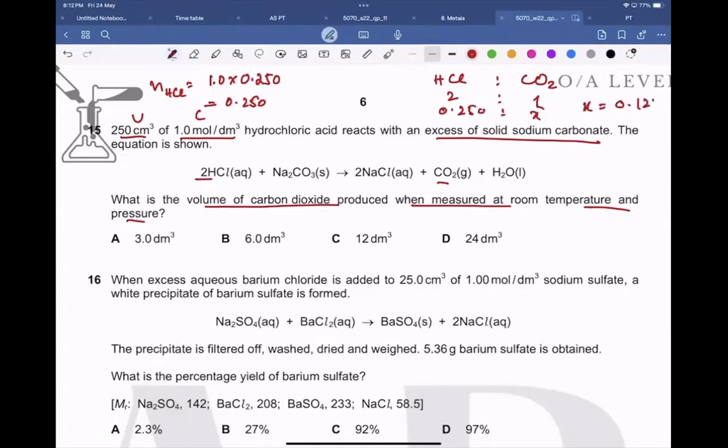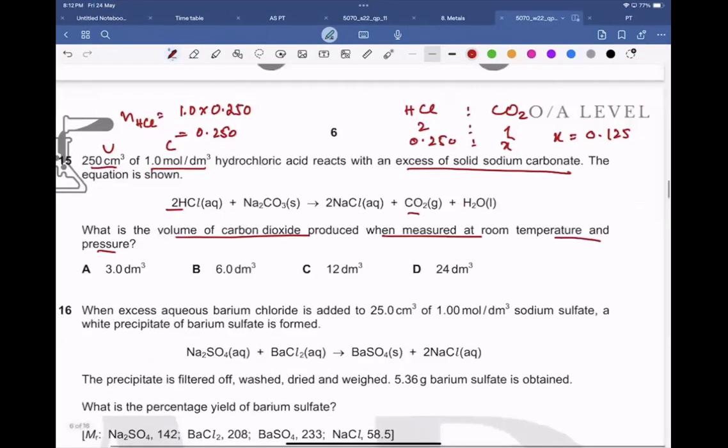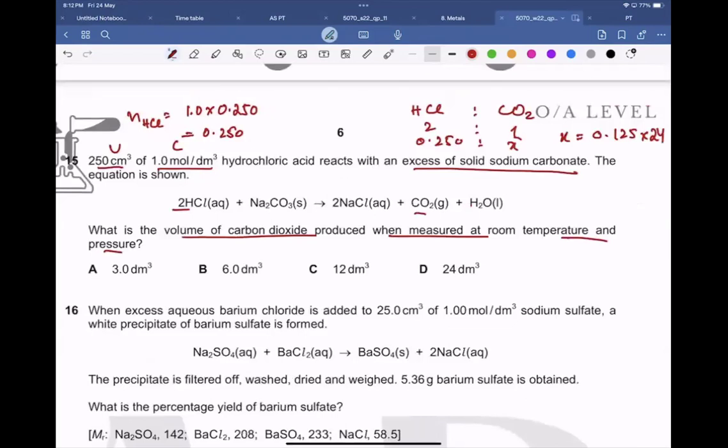So these are the moles. So 0.125 multiplied by 24. Can anyone tell me the answer? Is it A? Right, 3 centimeter cube. Thank you, Zainab. So the correct answer is A.